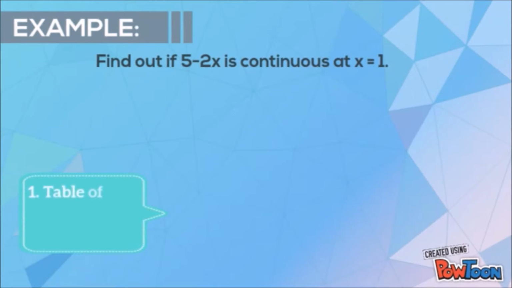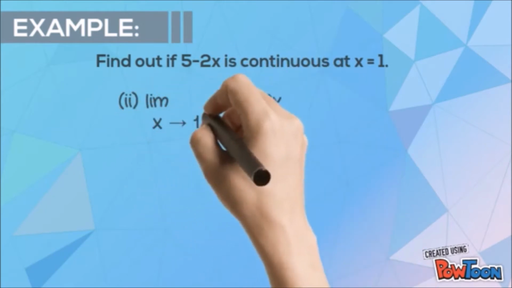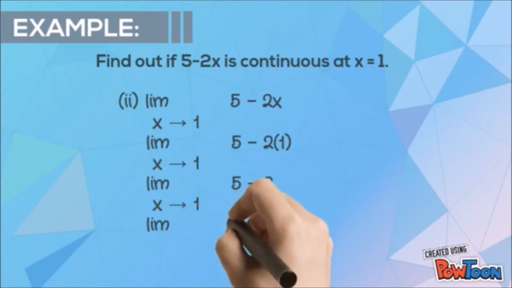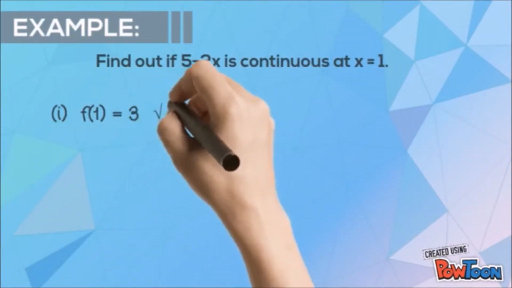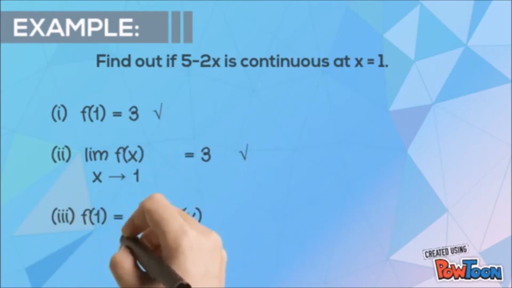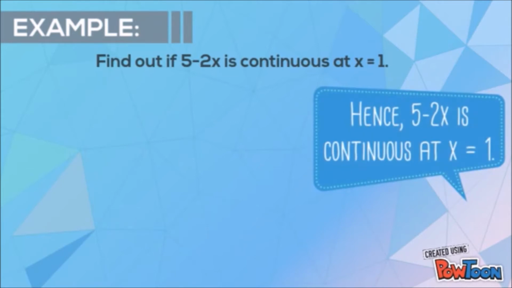There are 2 ways of finding the limit. First is through a table of values, and second is through substitution. Let us use the substitution method instead. Let's determine if f of c is equal to the limit. As we can see, they are indeed equal. Hence, 5 minus 2x is continuous at x equals 1.